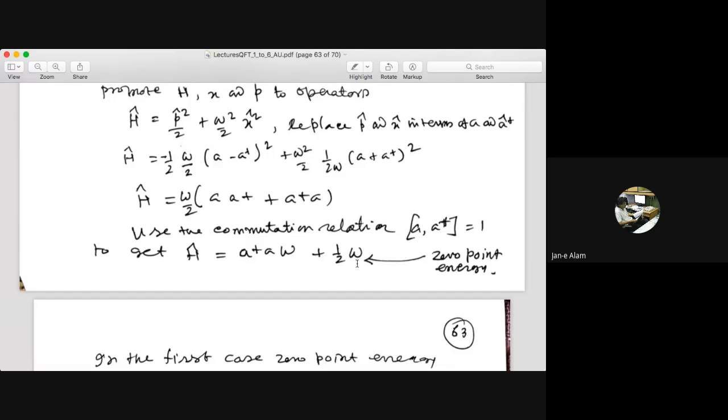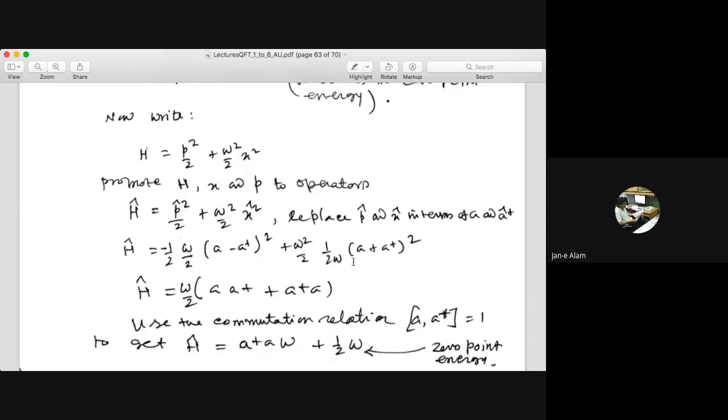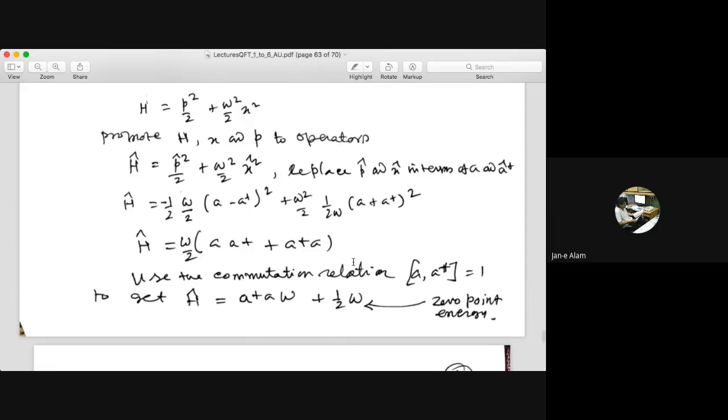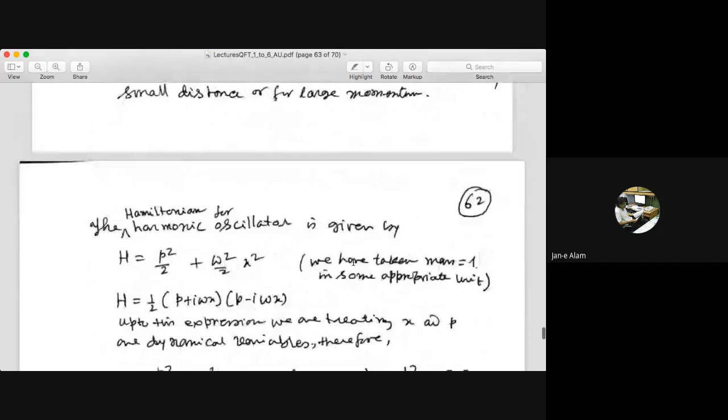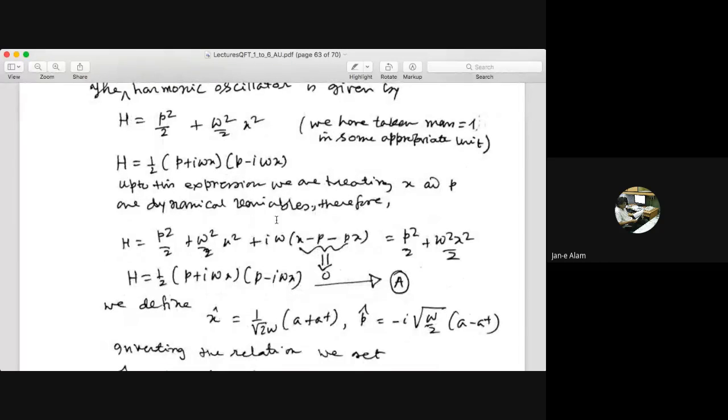This is the zero-point energy. So this has appeared. Again it has come back to your system. But then the question is, why has it not appeared here? Because I have cleverly written the Hamiltonian in such a way that my annihilation operators come to the right of the creation operators. So this is all.